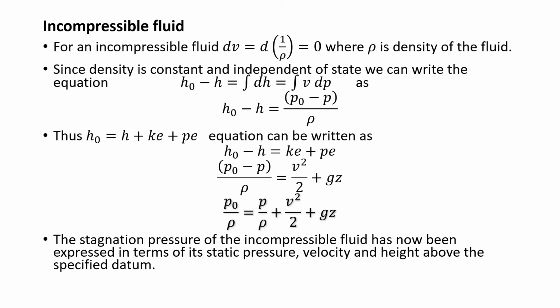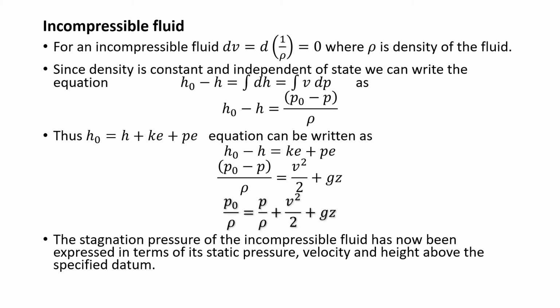Before going into the details in this slide, I would like to tell you the relation between density and specific volume. Density is nothing but mass by volume. The unit of density is kg per meter cube. The inverse of density is nothing but specific volume, and the specific volume unit is meter cube per kg.